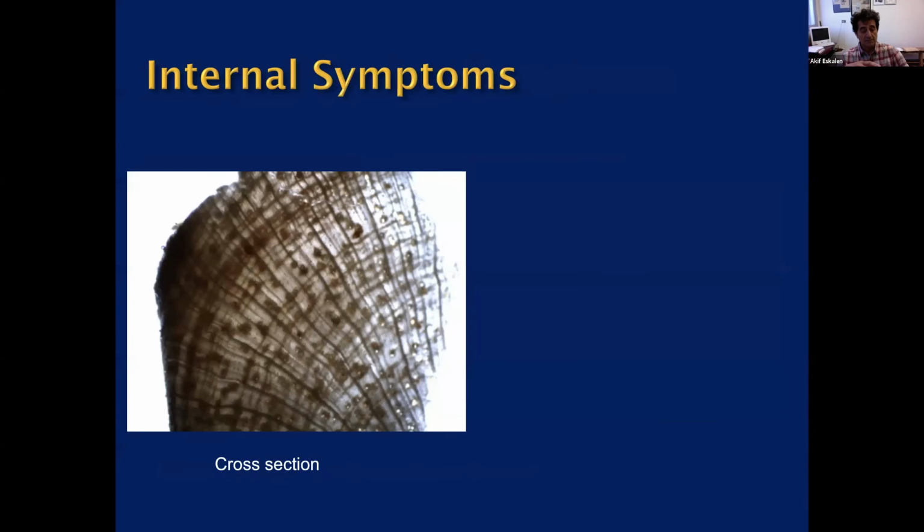So earlier, as Ben also asked the question, I answered some of those questions. So this is the cross section of the wood tissue that was infested by Fusarium. I just want to point out that you all know the wood part of the plant has xylem vessels, where the plant takes the nutrients and water and pumps them up to the upper level of the plant when it does photosynthesis.